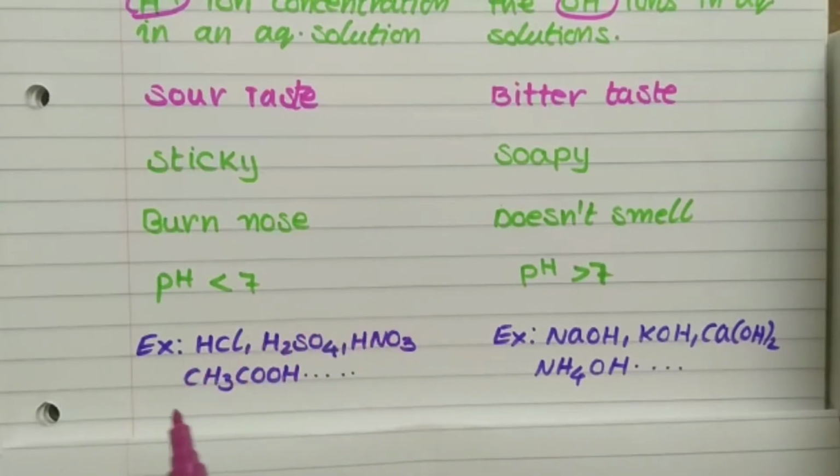Common examples of bases are sodium hydroxide, potassium hydroxide, calcium hydroxide, and ammonium hydroxide.